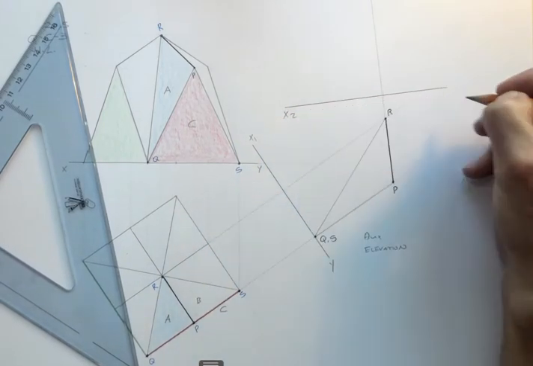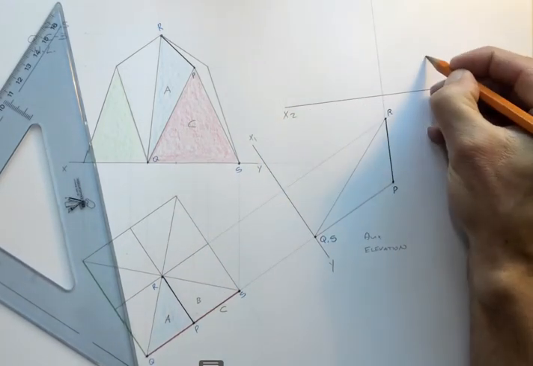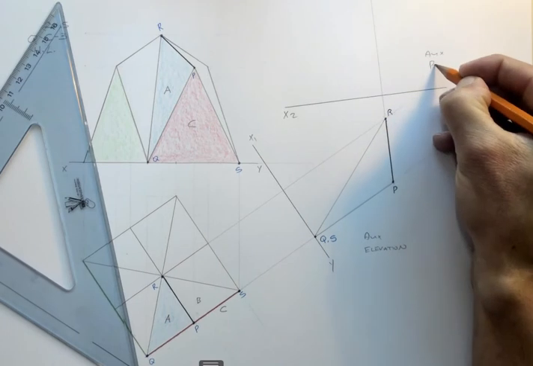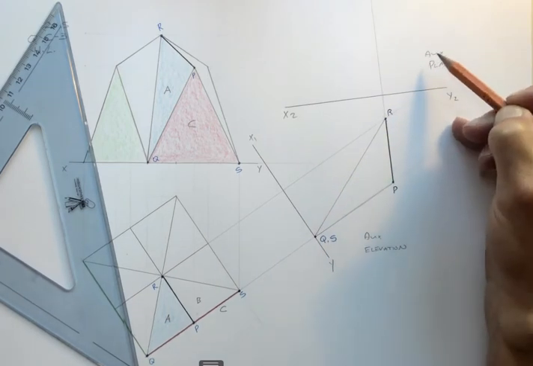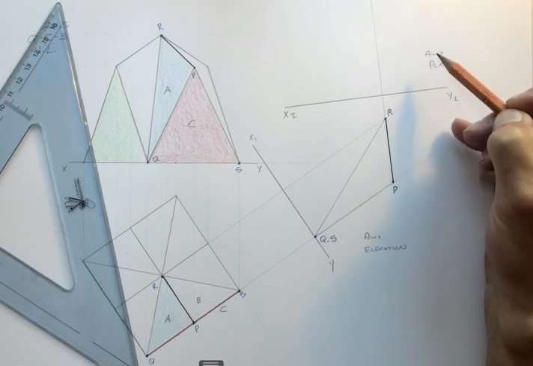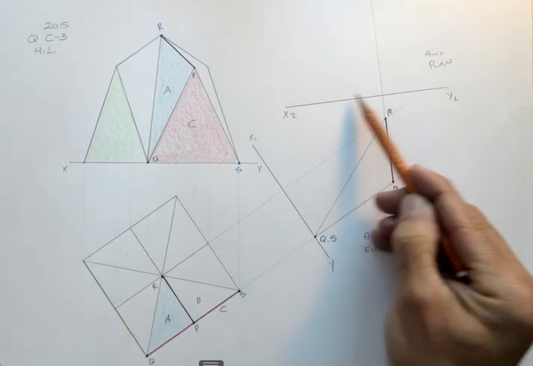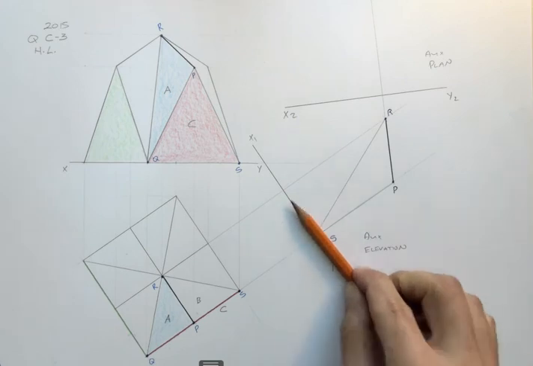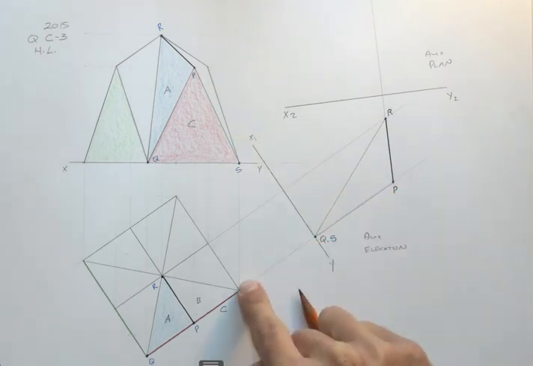X2, Y2. Straight away, this is an auxiliary plan, meaning all of my measurements need to be taken from plan, and all of my measurements need to be taken from the previous XY line. I'm at X2, Y2, previous XY line is X1, Y1. So I need to take all my measurements from X1, Y1 into plan.